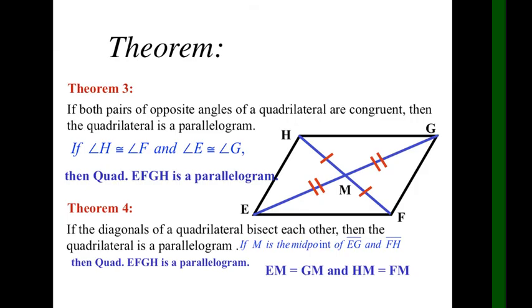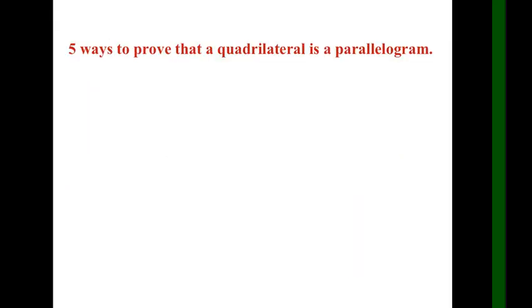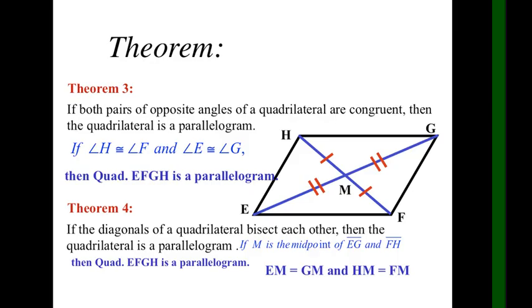EM is equal to GM and HM is equal to FM. So, that's the midpoint. Kapag yung mga yan, na-prove mo, yung apat na theorem na yan, na-prove mo sa isang figure, ibig sabihin, yung figure na tinutukoy natin ay parallelogram.